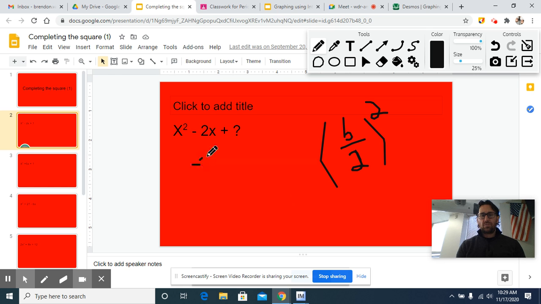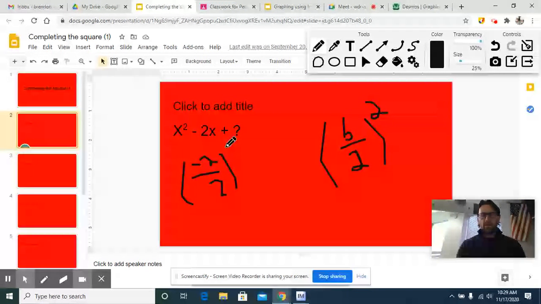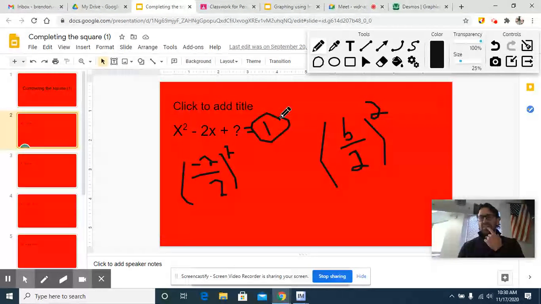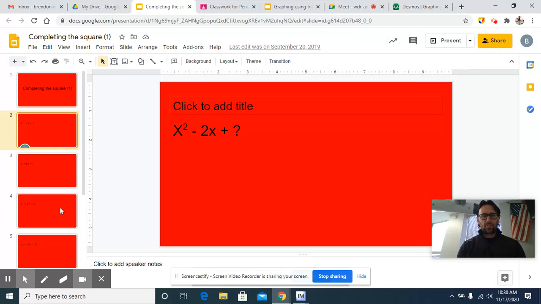So -2 over 2 squared. -2 over 2 is -1. Squared is 1. So this c is 1. Okay. This is just getting the idea of how to do the formula. Okay. So let's go to an actual problem.